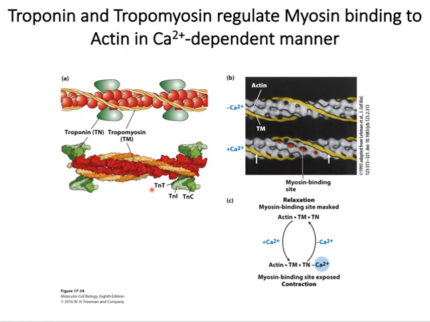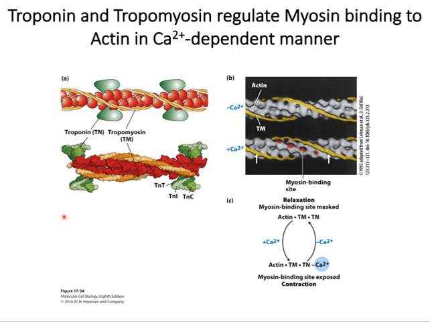So I'm repeating this one more time. When a cell receives a stimulus in the form of an action potential from a neuron, it triggers the release of a large amount of calcium from its sarcoplasmic reticulum, which is a modified smooth endoplasmic reticulum of the muscle cells.